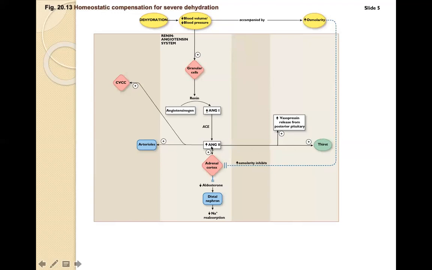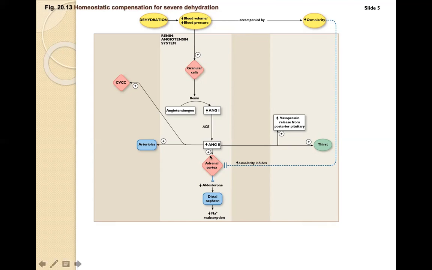We know that one of the effects is to stimulate the adrenal cortex. And we know that one of the effects is also to directly stimulate the cardiovascular control center. If you've forgotten what angiotensin 2 does, I encourage you to go through the diagram of what angiotensin 2 does, and you'll see that it's all of these effects, just written in a different format.